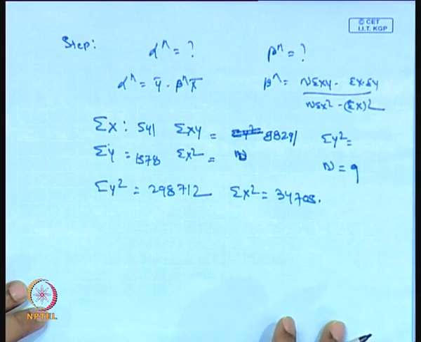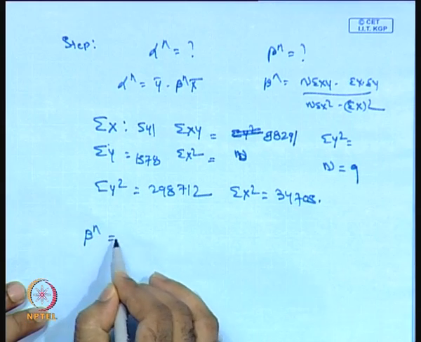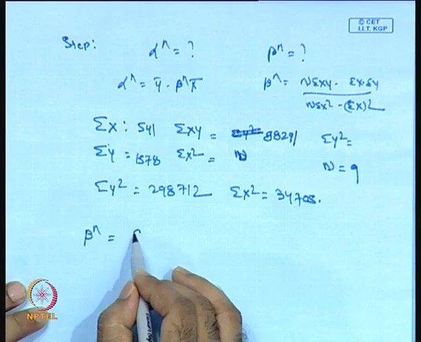Now you come to the formulas. We start with beta head first, then we will get alpha head. So beta head equals n summation x y, where n equals 9 here.